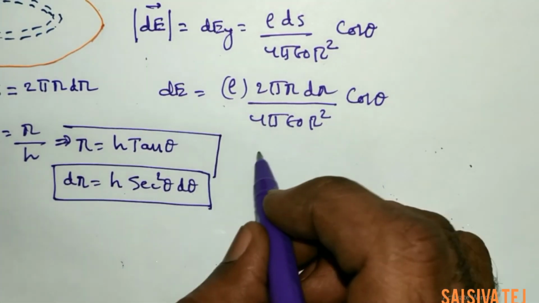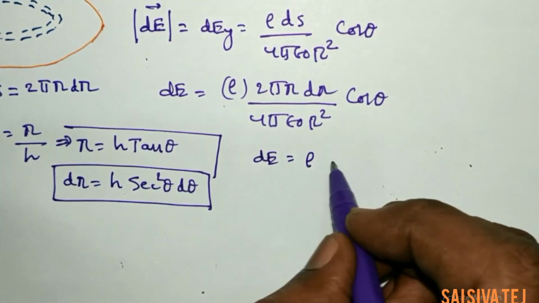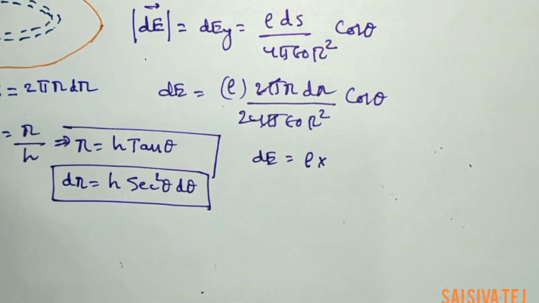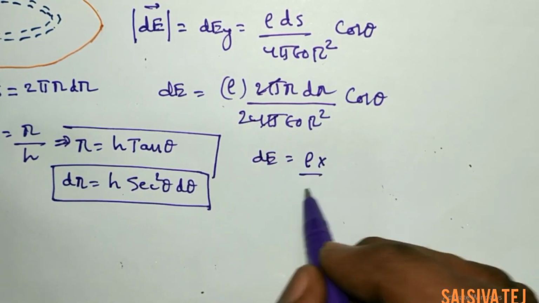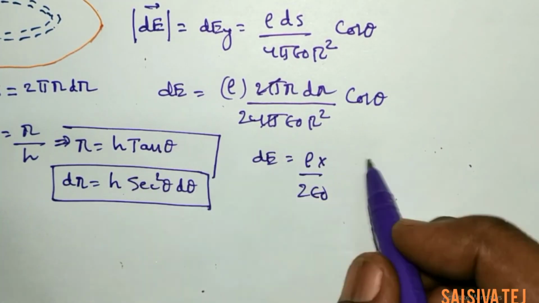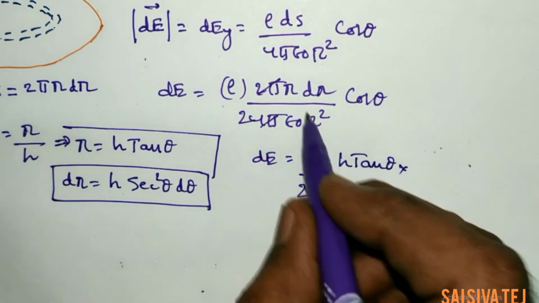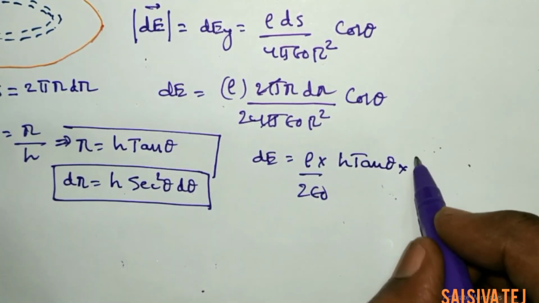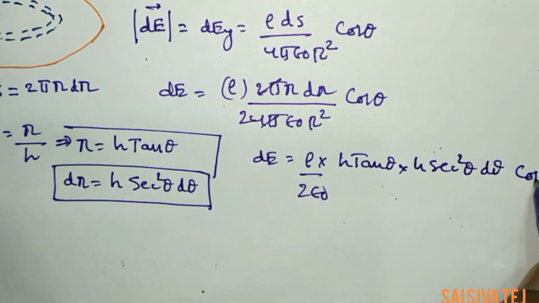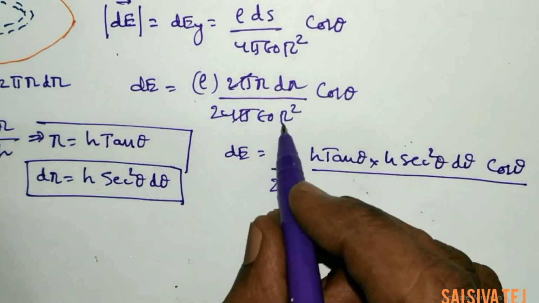So dE is equal to rho multiplied by 2 pi, and we will be left over with 2 rho by 2 epsilon naught multiplied by r, which is h tan theta, and dr is h secant square theta d theta, into cos theta divided by r square.